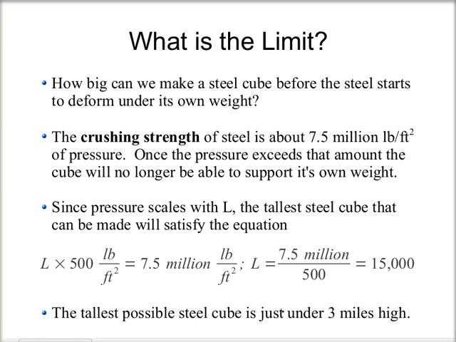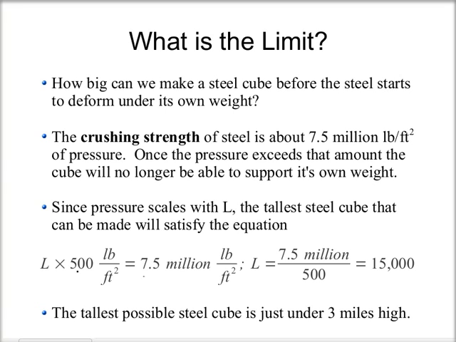So since pressure scales like L, then the tallest steel cube that we can make will satisfy this equation. I've got my maximum pressure over here is equal to the linear scaling factor times the pressure on my 1-foot cube.